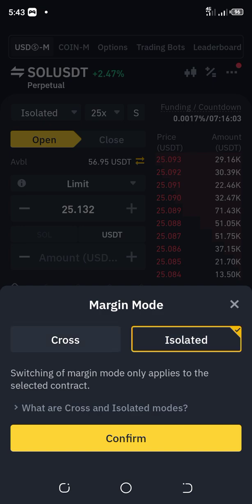So you always want to set it to isolated so that if you are placing a trade for $10, it means you only want to risk $10 on that trade and no more. You don't want the trade to pick up any other money from your available balance. So always set it to isolated.